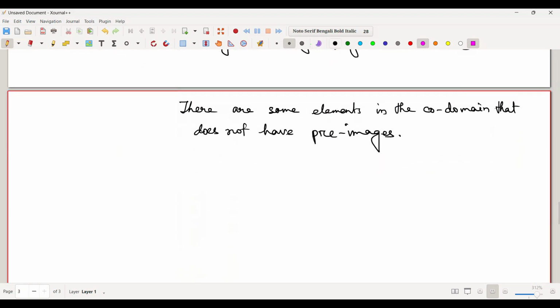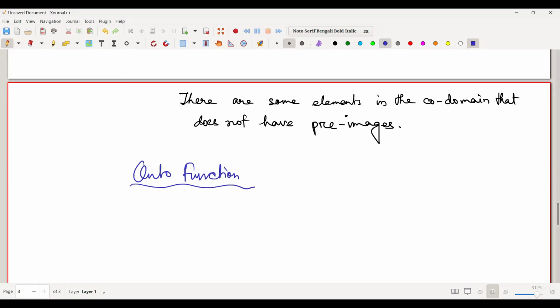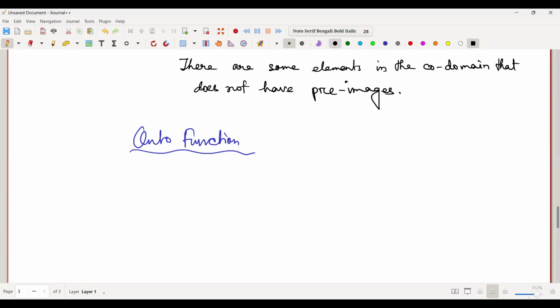And what is an onto function? For an onto function, the range of G is exactly equal to the codomain. That means what?